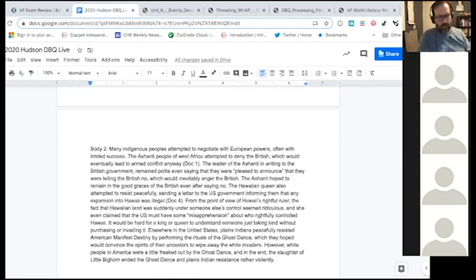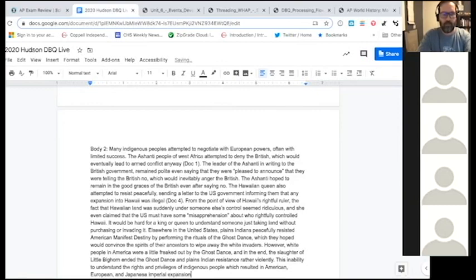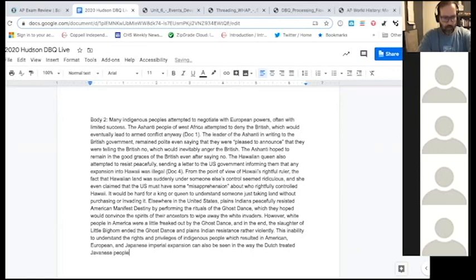So I would just say this inability to understand the rights and privileges of indigenous people, which resulted in American, European, and Japanese imperial expansion, can also be seen in the way the Dutch treated Javanese people in modern day Indonesia.